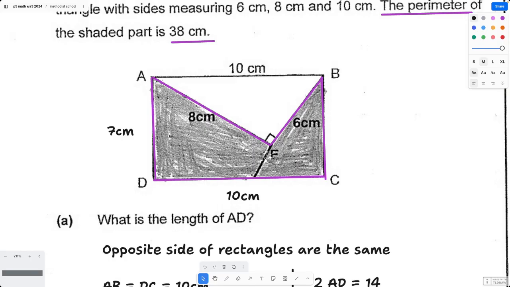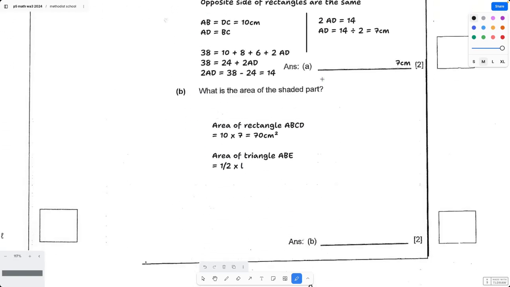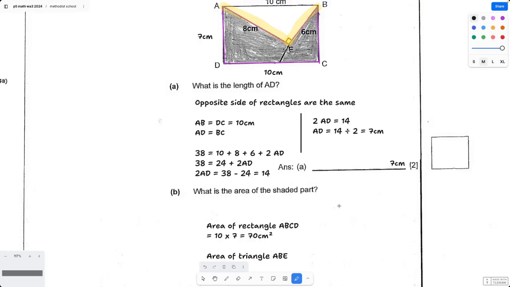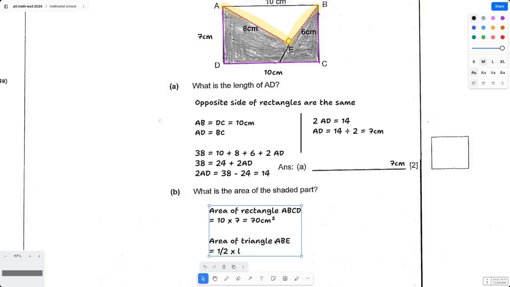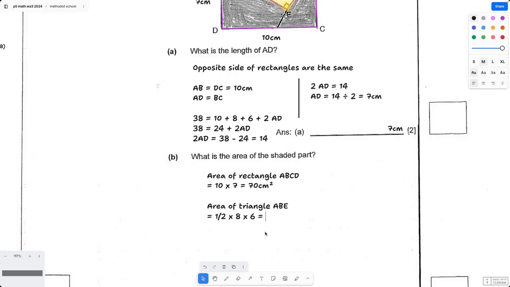So which is this, which is AE and also EB, right? So these are the two lines. So it is basically half times 8 times 6. So half times 6 is 3, 3 times 8 is 24 centimeter square in this case over here.